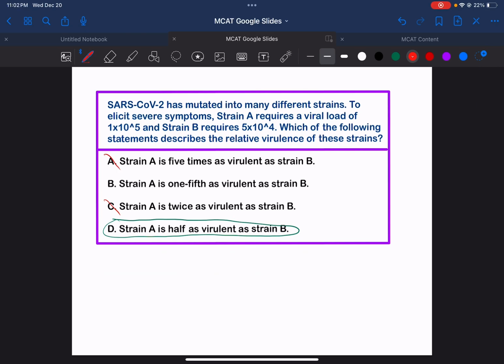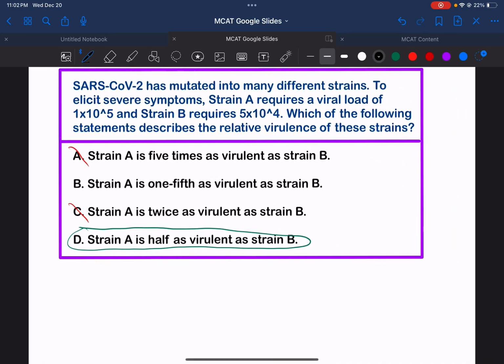I'm rambling a little bit. Forgive me. I'm not the greatest at math. But essentially, you would simply set it up as strain B over top of strain A. And so that is 5 times 10 to the 4th over 1 times 10 to the 5th.